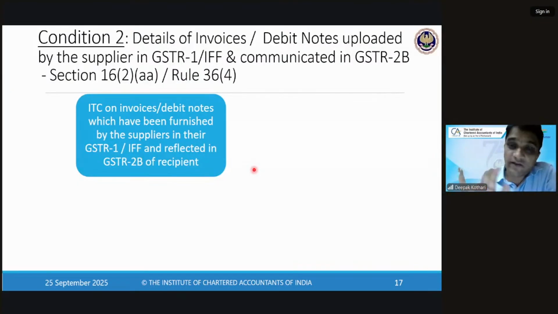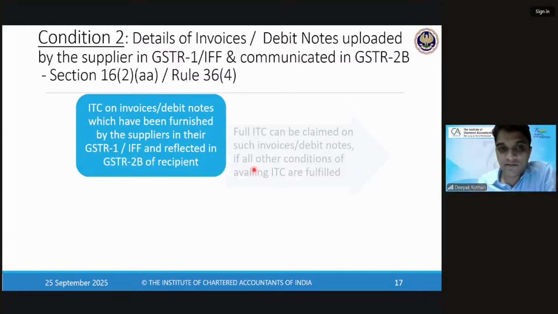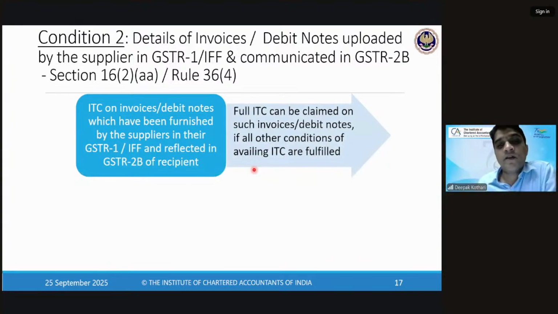You do not have to enter anything in the GSTR2B. It will reflect based on the GSTR1 filed by the supplier. If these invoices are appearing, then full ITC can be claimed. You have the invoice, so the first condition is satisfied. Second condition, you will see whether the value appearing in a particular invoice is appearing in your GSTR2B.